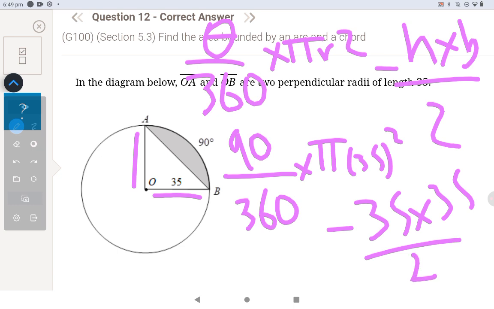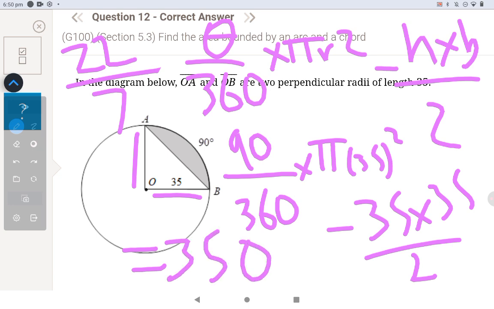So 90 over 360 times pi. Oh wait, sorry, do not put pi. Remember, pi is 22 over 7 as they give. So times 22 over 7 multiplied by 35 squared, minus 35 times 35 over 2. What do you get? You get 350. So when you find the whole equation, just put it in your calculator, you'll find it. Remember, area of sector minus area of triangle.